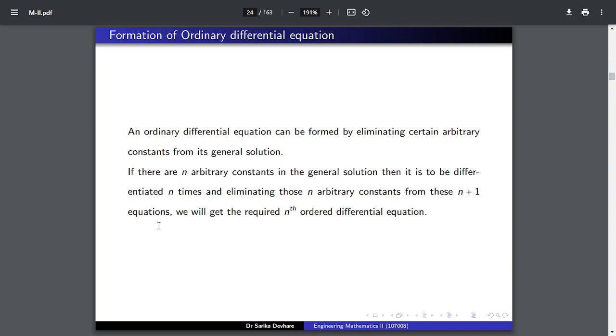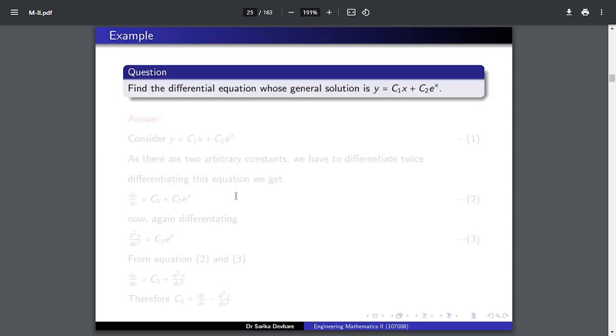If there are n arbitrary constants in the general solution, then it is to be differentiated n times, and eliminating those n arbitrary constants from these n plus 1 equations, we get the required nth order differential equation. That means we have to eliminate the arbitrary constants from the given solution. So let's come to the example.